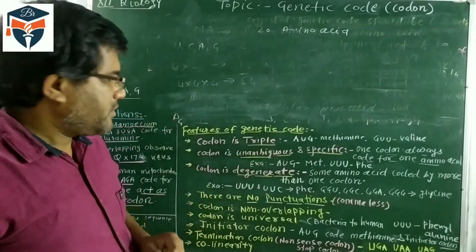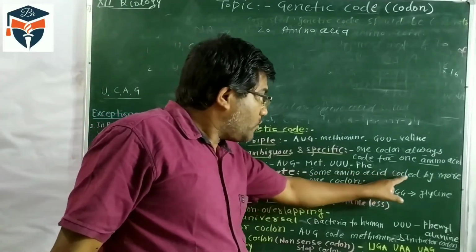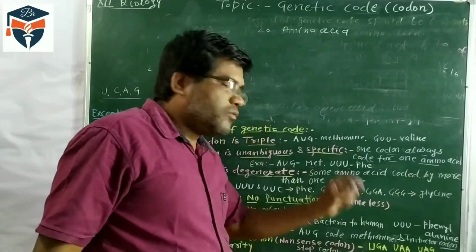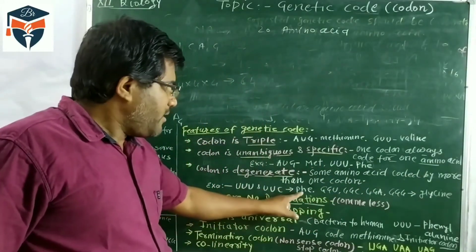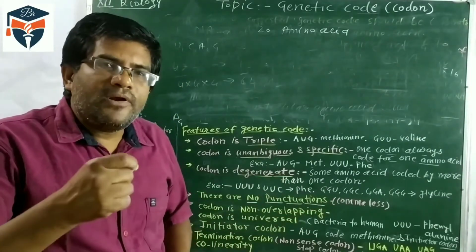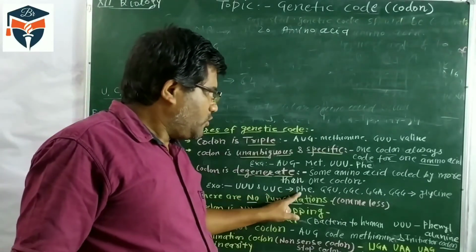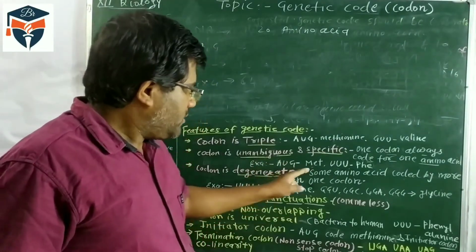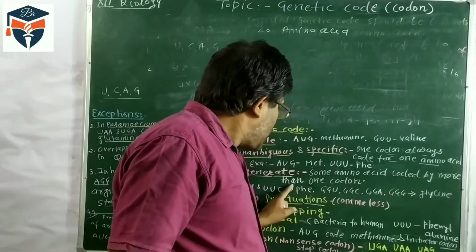Codon is degenerate means one amino acid, or some amino acids, are coded by more than one codon. So there are many different codons which code for one amino acid. The simple definition: some amino acids are coded by more than one codon.